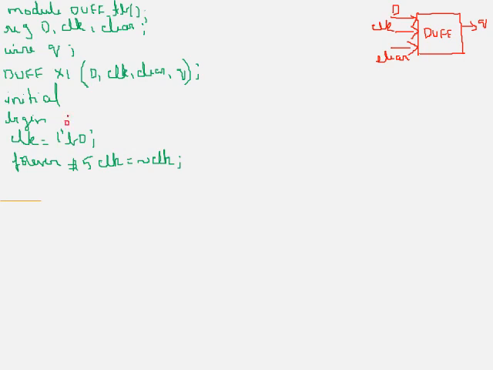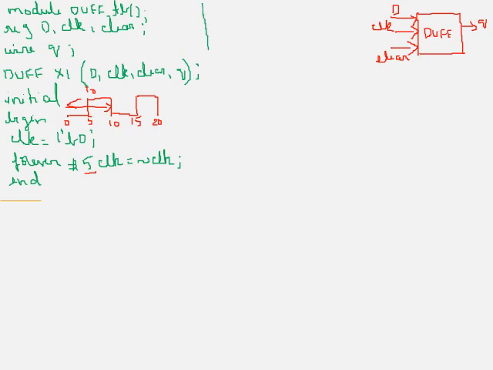At 0 the clock is 0, after 5 time units it will be toggled, after another 5 time units it will be toggled, and so on. So the total time period of the clock, one on period and one off period, will be equal to 10 time units. This initial block will generate the clock.